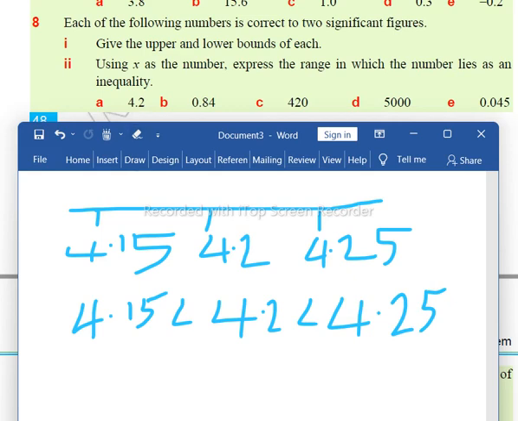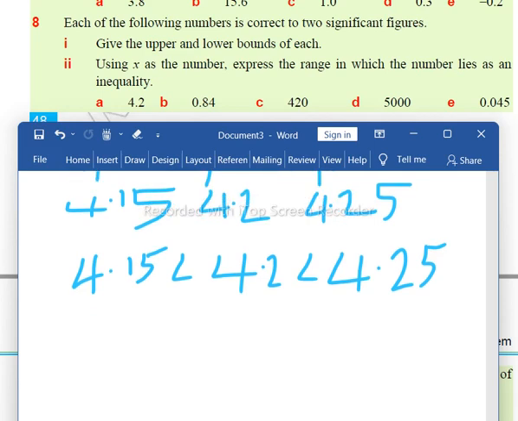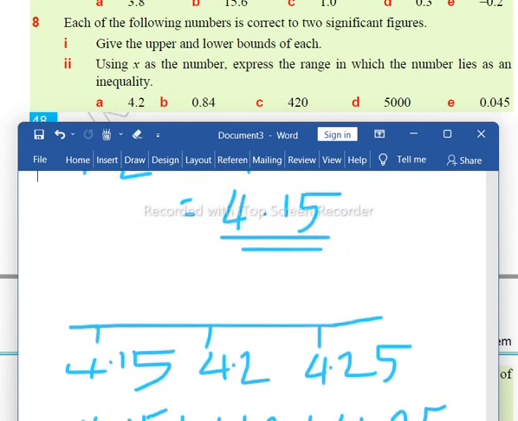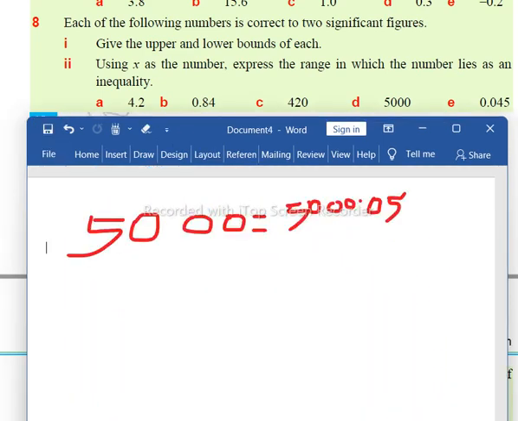And let us move to E. When we see E, we have this given number. The upper bound of this number is 5000.05, and the lower bound of this number is 4999.95, simply subtracting 0.05 from 5000.